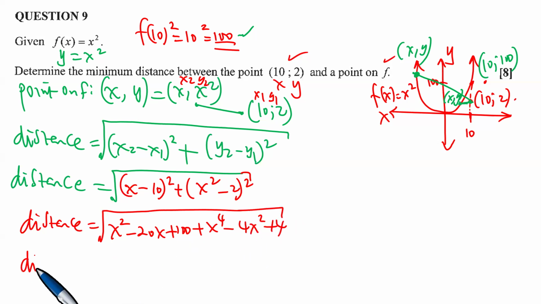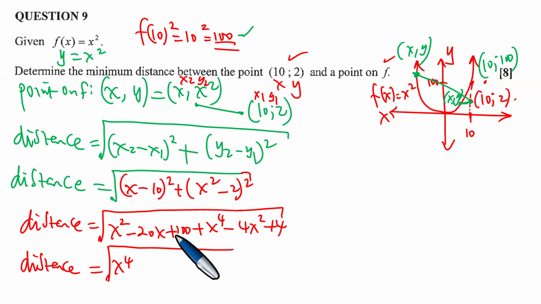And this is the distance. Let us order this in descending powers of x. x to the 4th power, then x squared minus 4x squared, which is minus 3x squared. And then we have minus 20x plus 104.